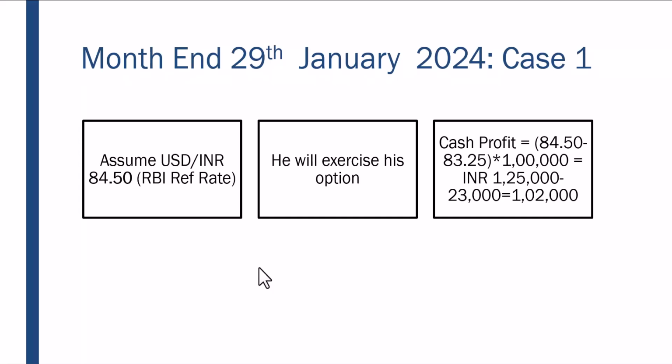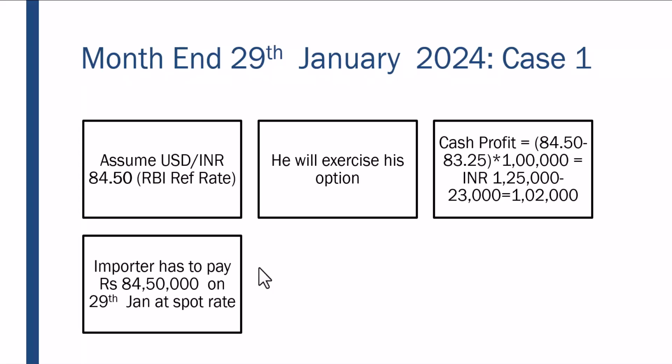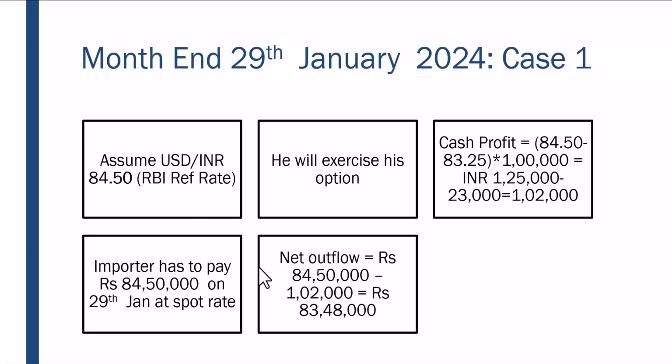Now the banker calls me and says that since the supply day has come, you have to pay 84,50,000 to the importer, because the spot rate is 84.50. But what is my actual outflow as a customer or as a company?